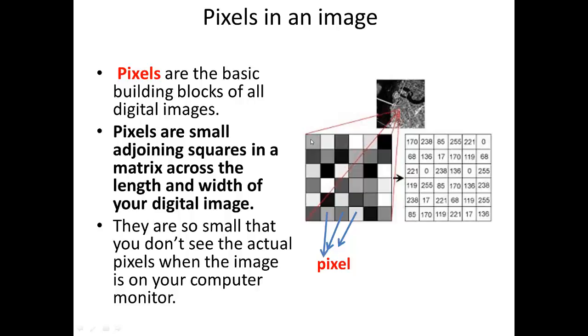For example, here if we consider this as 0, 0, then this pixel is 0 and 3. The second thing related to a pixel is the value. For example, this pixel's value is 170. This one is 238. Others are the same as these two.